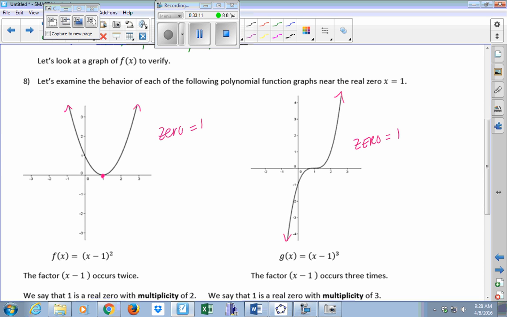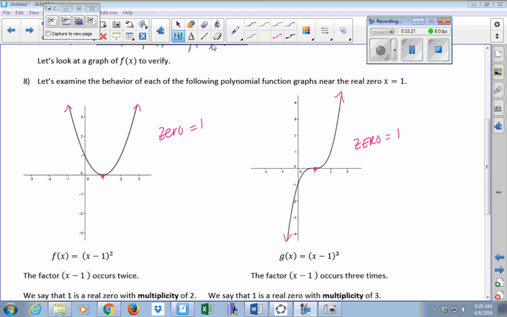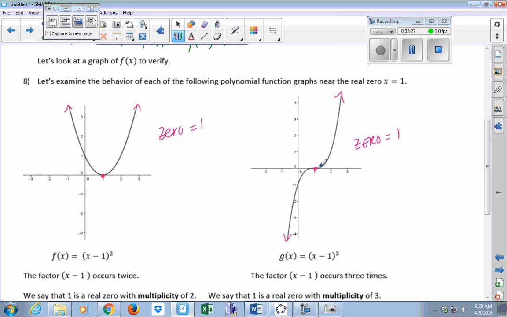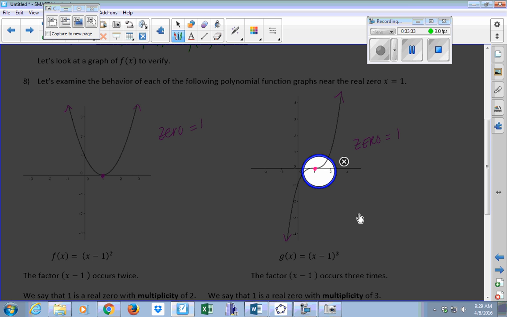At this 0 right here, notice if you just blow up that area right in there, I think I need my magic pen for this. Let's blow this up. My magic pen is right here. If you blow up that area of the polynomial, what kind of function does that look like?